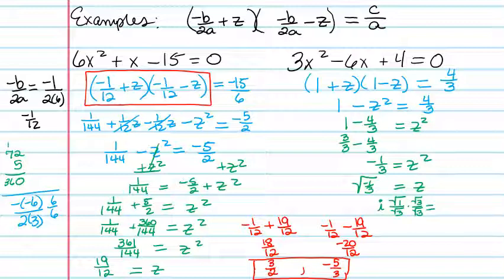So I'm going to get the i square root of 3 over 3. That's z. So now my answers are 1 plus i square root of 3 over 3 and 1 minus i square root of 3 over 3. And those are my answers for that one.